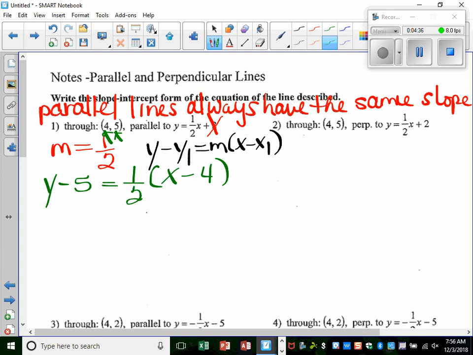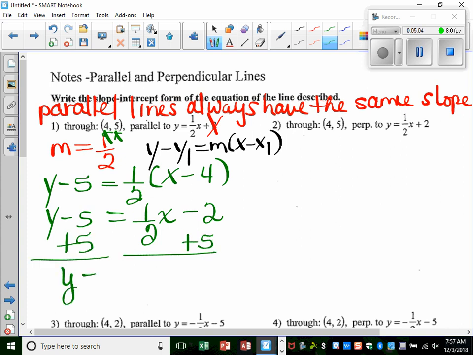Okay, so once you have it in point slope form, it's very easy now to convert it to slope intercept form. Okay, then it's also very easy to convert it to standard form if I had asked you to put it in standard form. Okay, so let's go ahead and distribute this out. So y minus 5 equals 1/2 x minus 2. And then once I add 5 to both sides, I get 1/2 x plus 3. And now I have it in slope-intercept form.